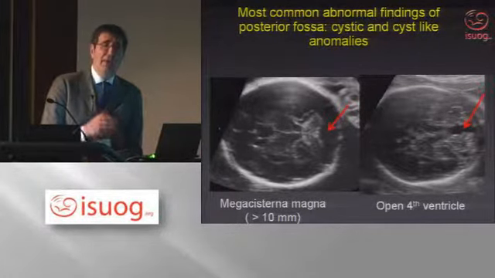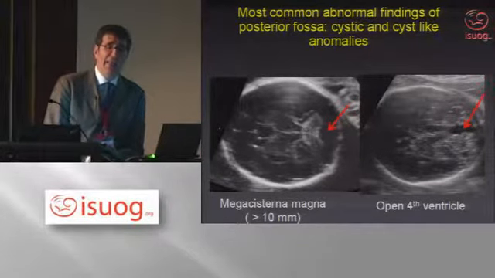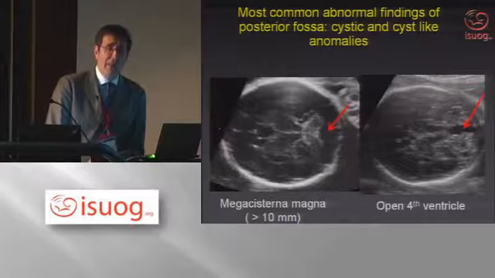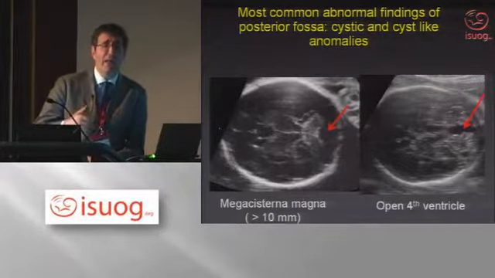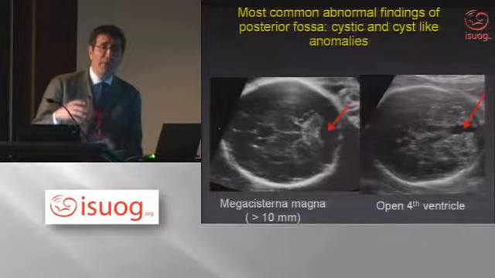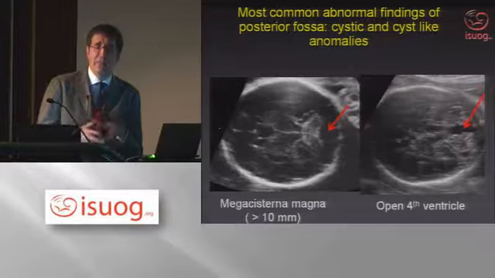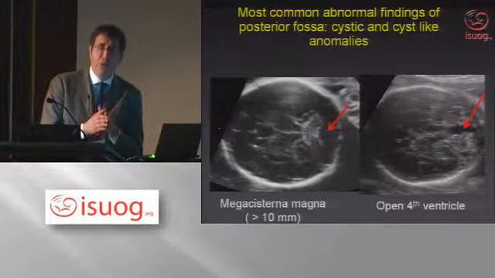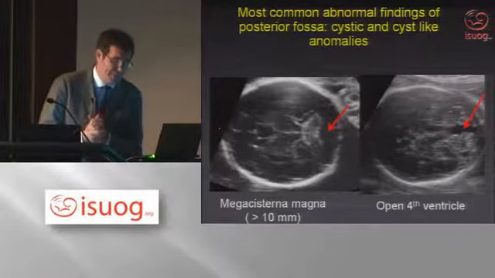And there are many papers suggesting that if you have a size of cisterna magna that is greater than 10 millimeters, then the risk that there is an abnormality, different type of abnormality, is much increased. And therefore, these fetuses are at increased risk. It is pretty much the same as with mild ventriculomegaly. You have an increased collection of fluid in the cisterna magna, there may be something else.